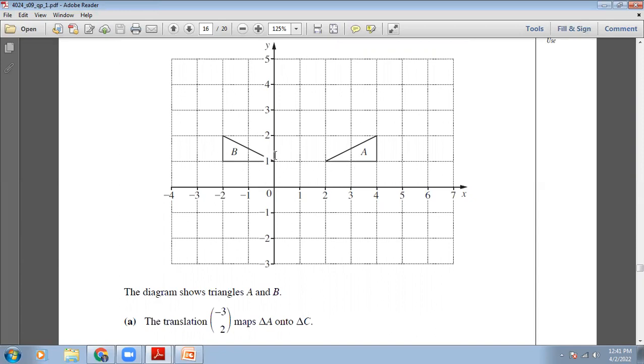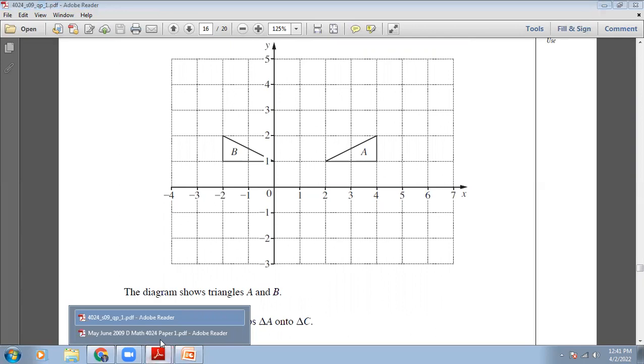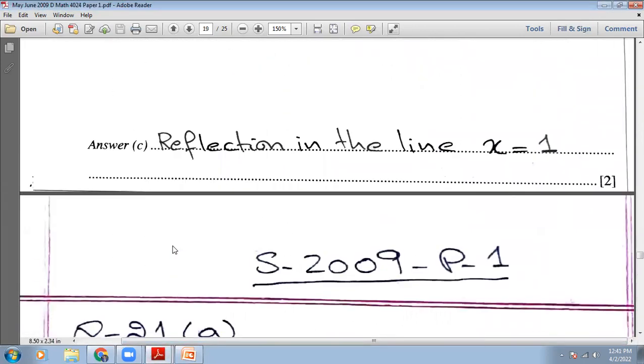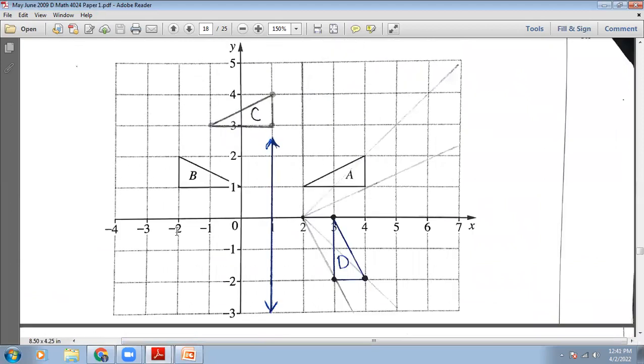So the technique is you join the points and you draw the perpendicular bisectors. So these two same points, draw the perpendicular bisectors. So you will get x = 1, and that will be the line of reflection. So you can see here, it's a reflection in the line x = 1.